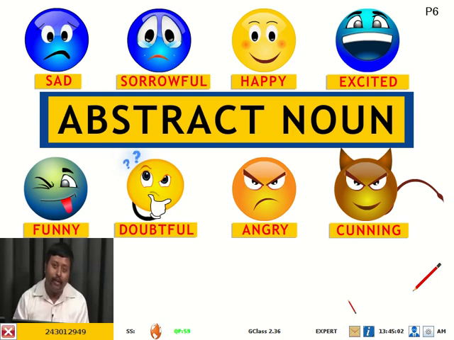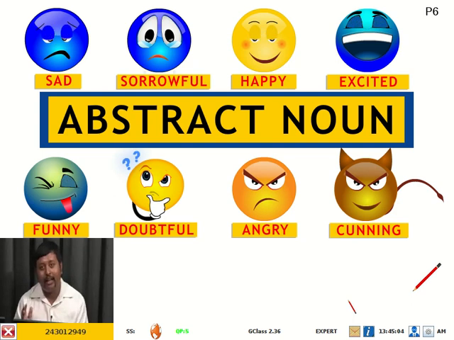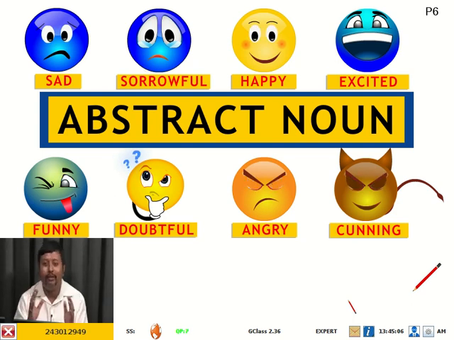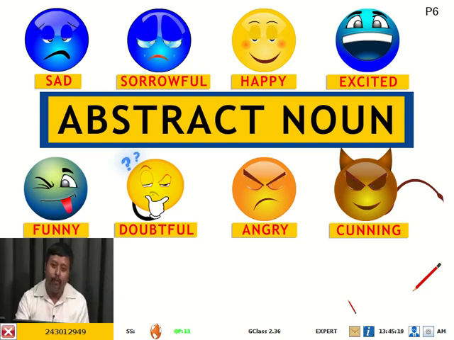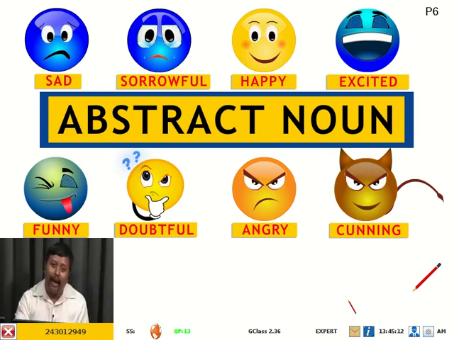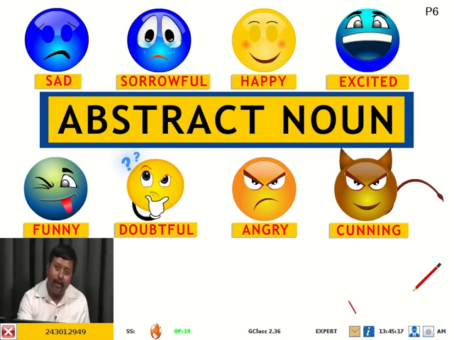Apart from that, victory, defeat, these are all what? Ideas. They don't have physical shapes. So these kind of things are called abstract nouns. Nouns without shapes, nouns which are basically ideas, are abstract nouns.